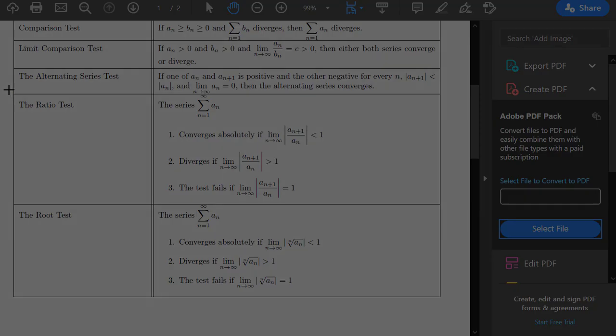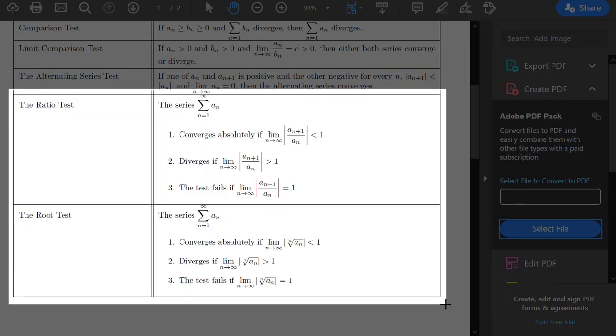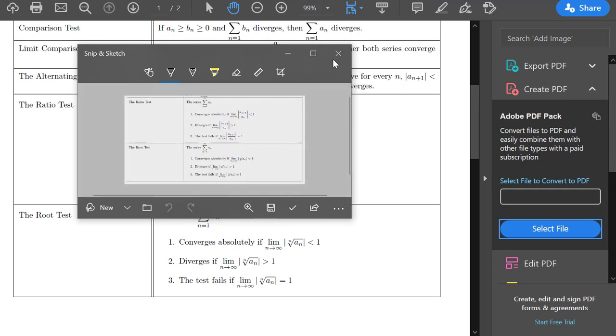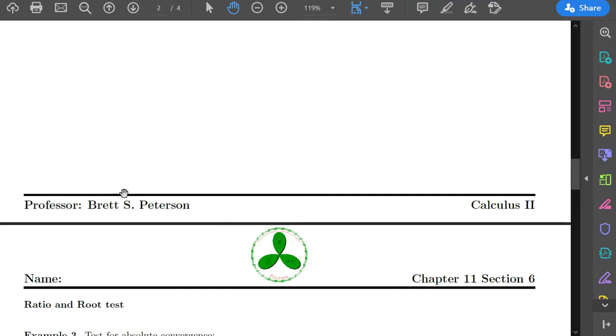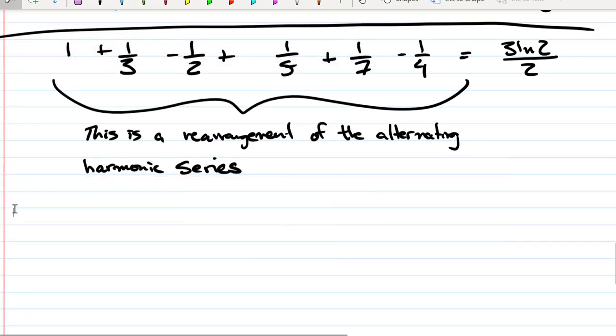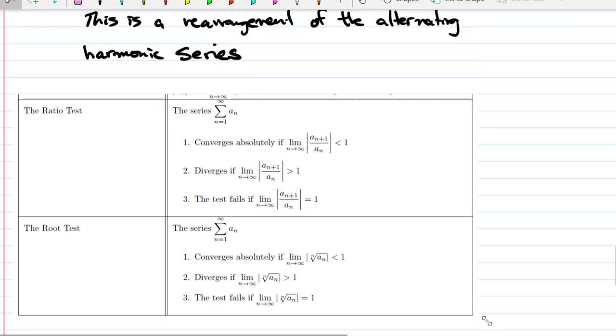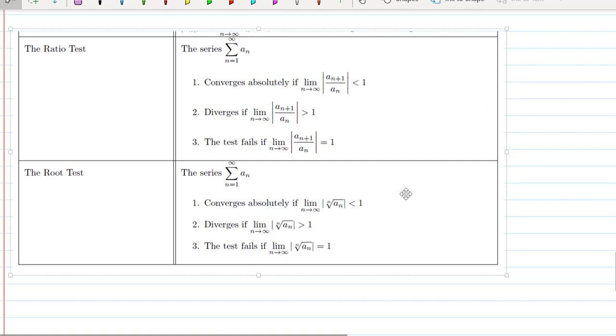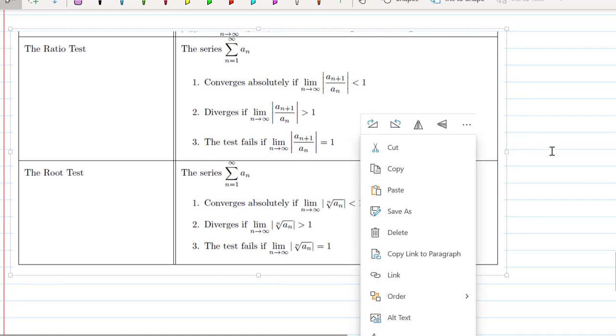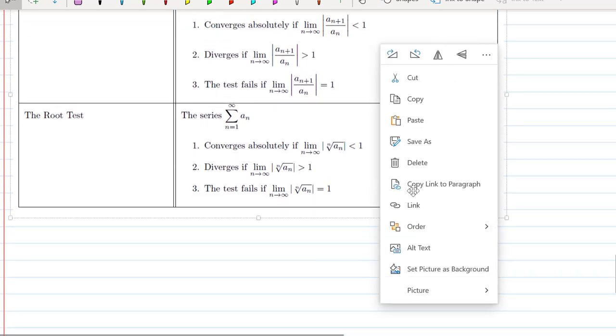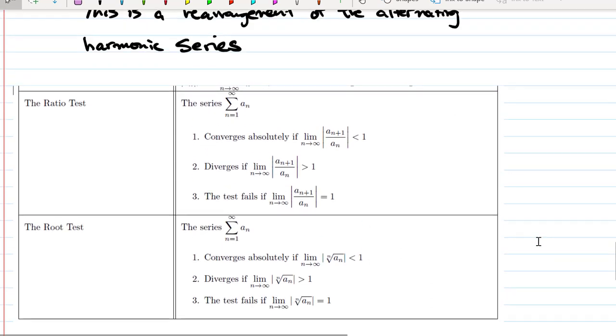They're the last two. The ratio and the root test are two different ways for us to look at series. The nice thing about both of them is they tell us about absolute convergence.